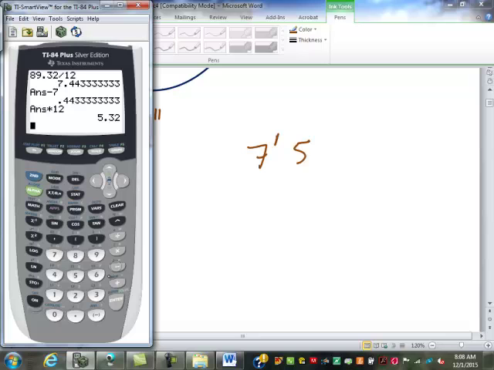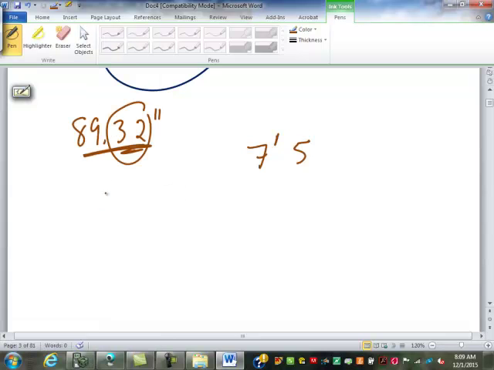I'm going to subtract that 5 whole inches. Now I have just the 0.32. If I was going to 16ths, I would multiply by 16, or 32nds, I'd multiply by 32. Here we are going to 8ths, so I'm going to multiply by 8. 2.56. 2.56, of course, means it's between 2/8 and 3/8. 2.56 is closer to the 3.